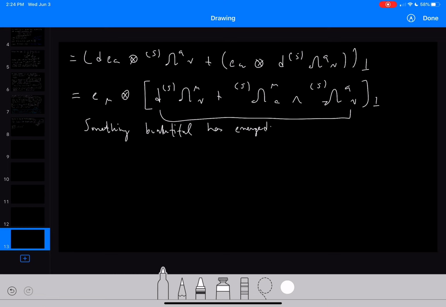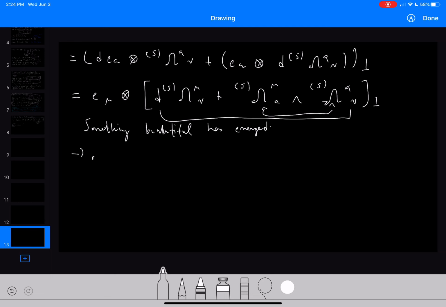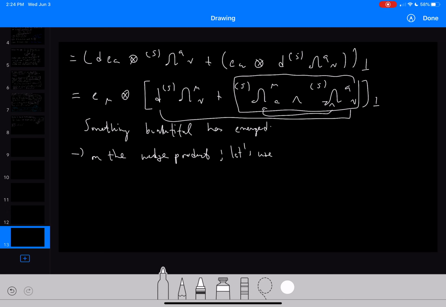So on this wedge product, which I highlight here, let's now use Cartan's second structural equation, a very easy thing to do.